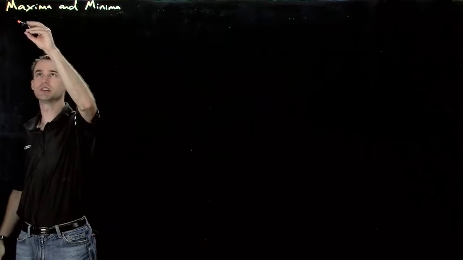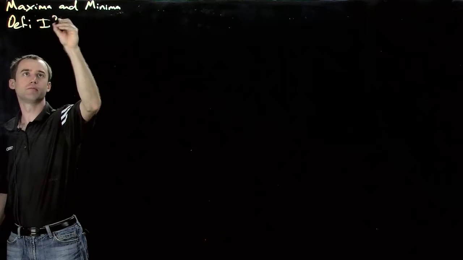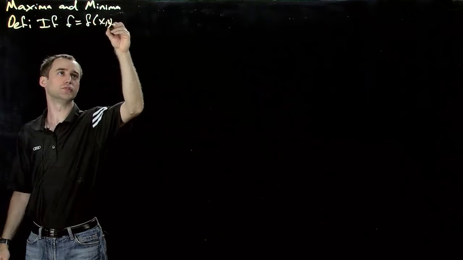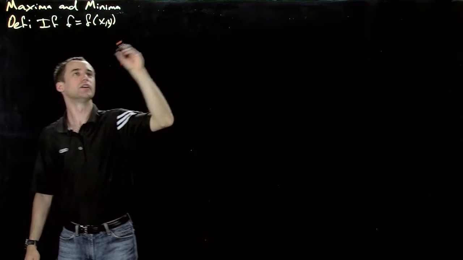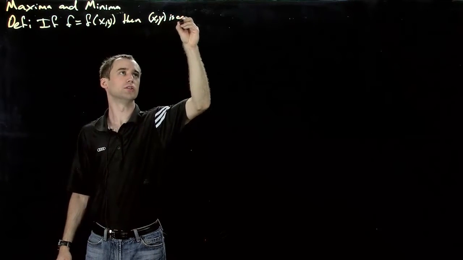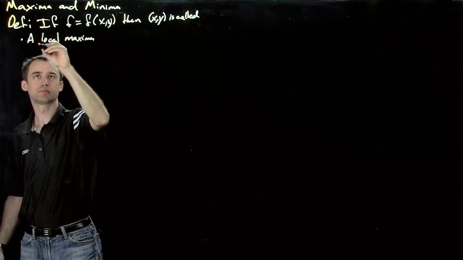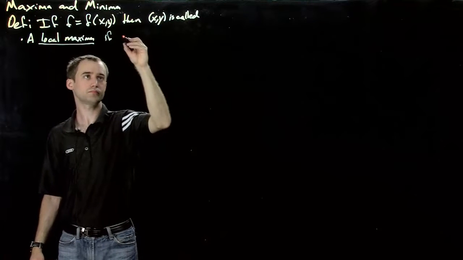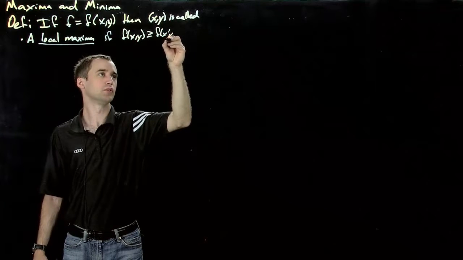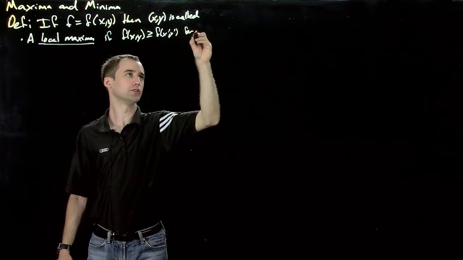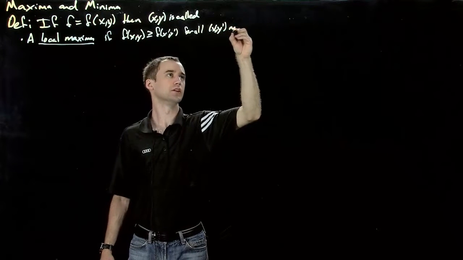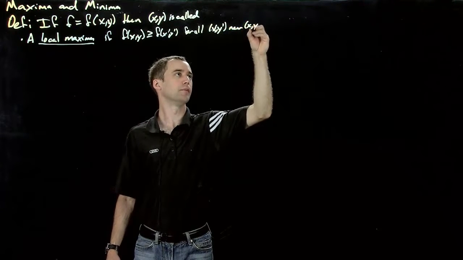Quick, what's the definition of a maxima and a minima? If f is a two-dimensional function, or a function of two variables, f(x,y), then the point (x,y) is called a local maxima if f(x,y) is greater than or equal to f(x',y') for all (x',y') near (x,y).